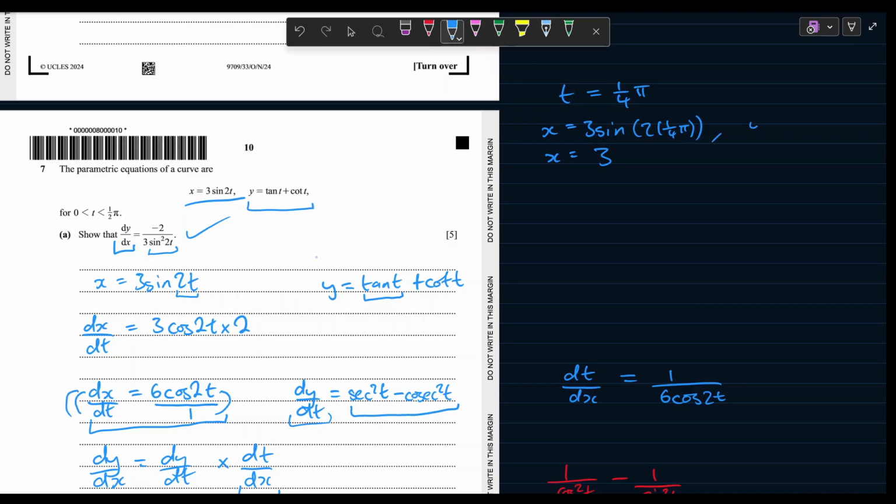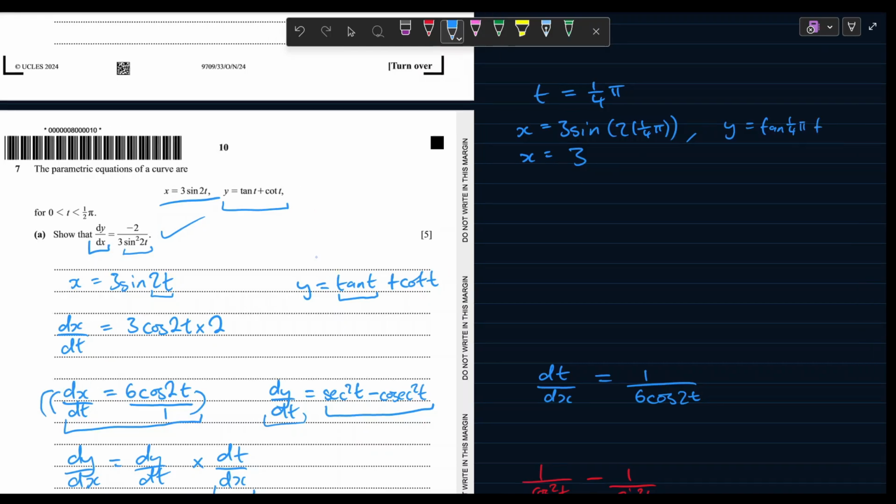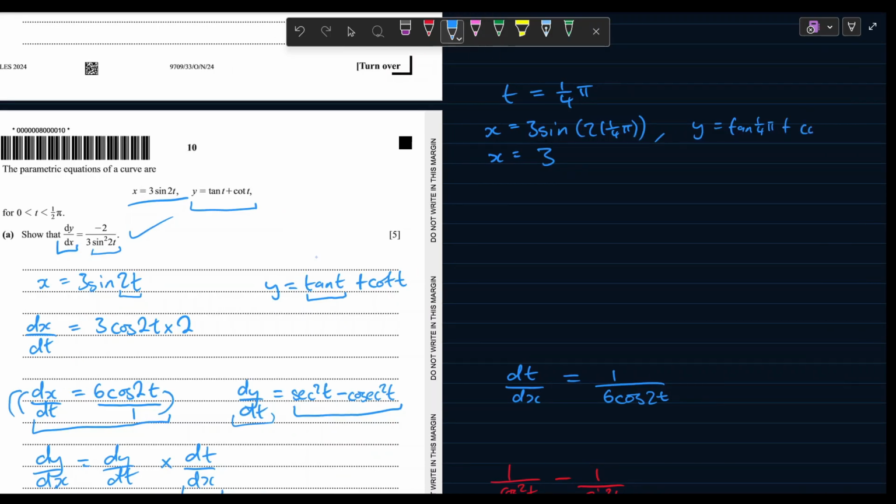And then for y, that's going to be tan a quarter pi plus cot a quarter pi. So that's tan a quarter pi, and you can enter cot a quarter pi as 1 over tan of a quarter pi. And so this gives us y is 2. So we've got the coordinates as 3, 2.